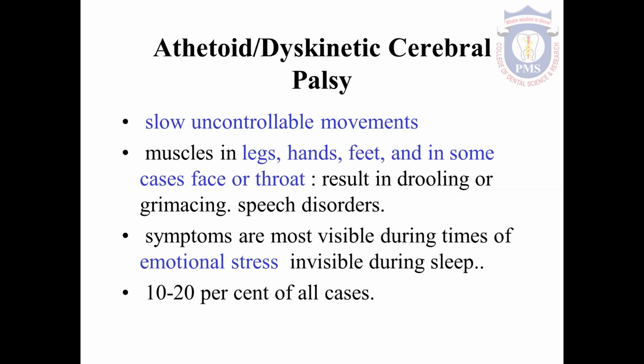That suddenly there will be some movement. And muscles of legs, hands, feet, and in some cases face and throat might be involved, resulting in drooling of the saliva, grimacing, and speech disorders if it is affecting the perioral musculature.